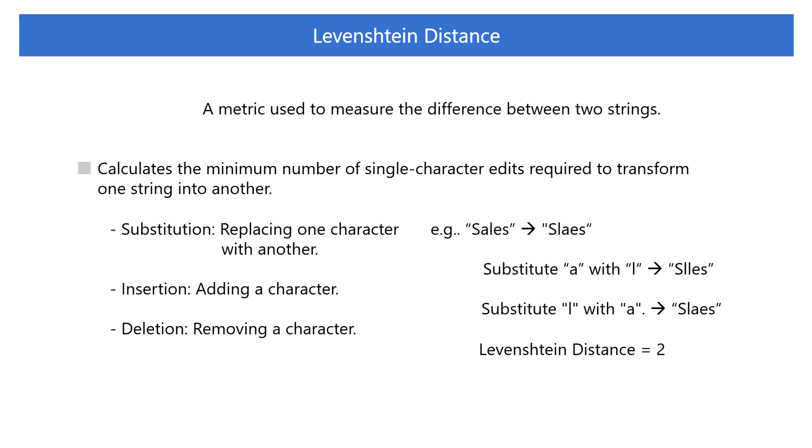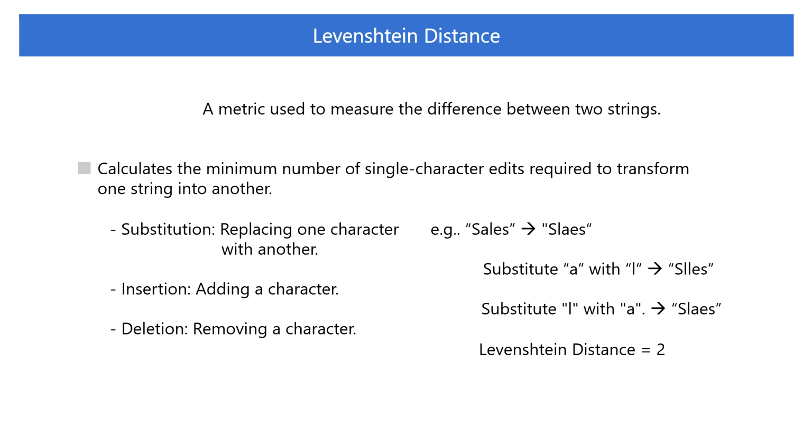For a deeper understanding of fuzzy matching, let's explore Levenshtein distance. Levenshtein distance is a metric used to measure the difference between two strings. It calculates the minimum number of single character edits required to transform one string into another. The allowed edits are insertion, deletion, and substitution.